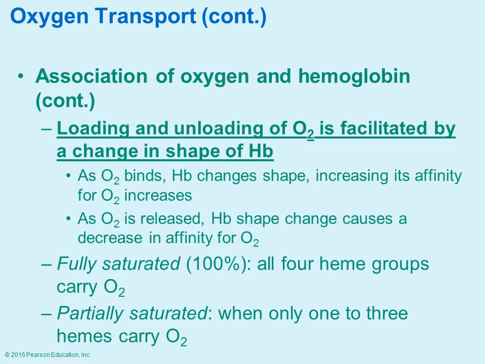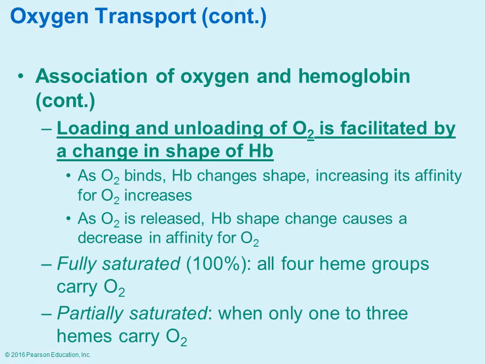So when you bind oxygen to the hemoglobin, it's going to change shape. When you remove the oxygen, the hemoglobin is also going to change shape back to its original shape. So you have this structure that's changing because of the binding and releasing of oxygen.